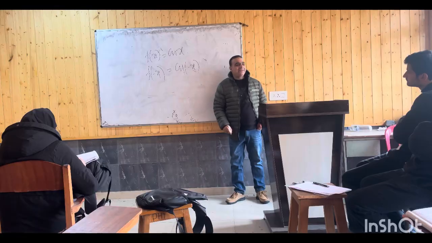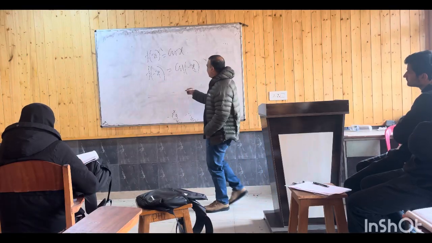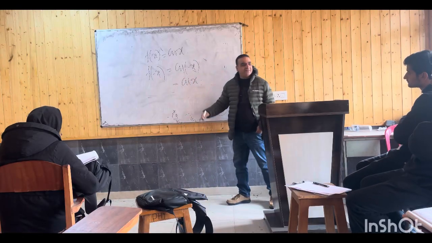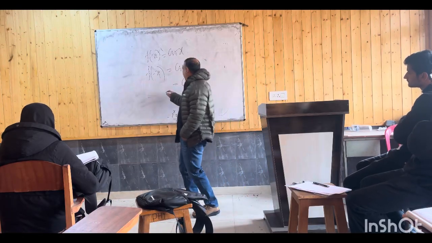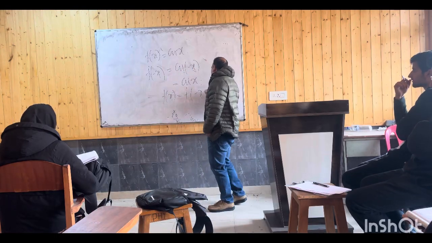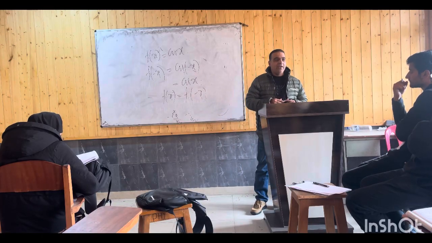But all of you know that cos is someone who eats the minus. It kills it. So you get cos x. Again, the same situation as for the even function, that is f of x is equal to f of minus x. So this is another example of an even function.